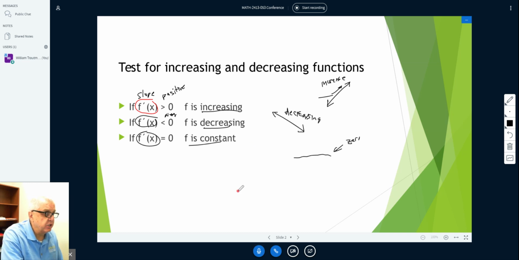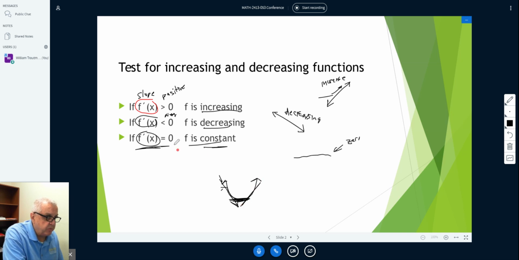We can look at a parabola and show this. If I move from left to right, my slope is negative, so this function is decreasing. At this tangent line, my slope is zero, so the function is constant at that point.